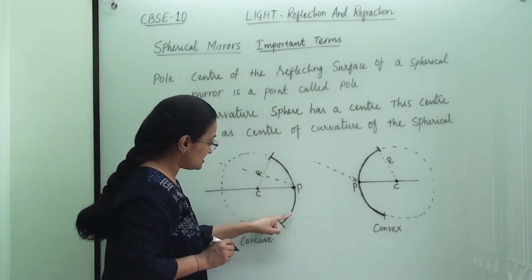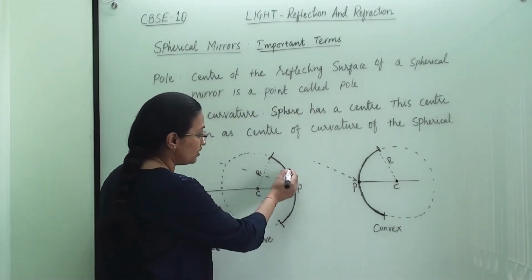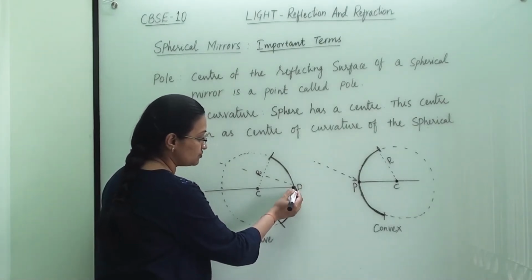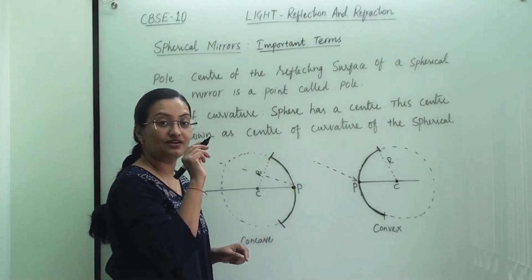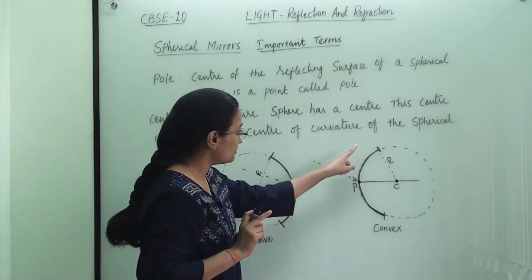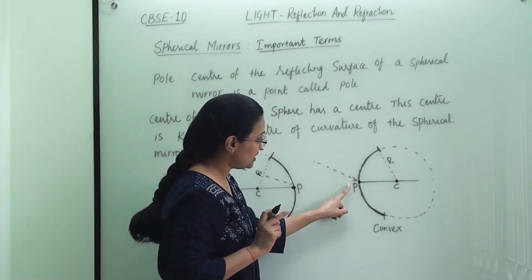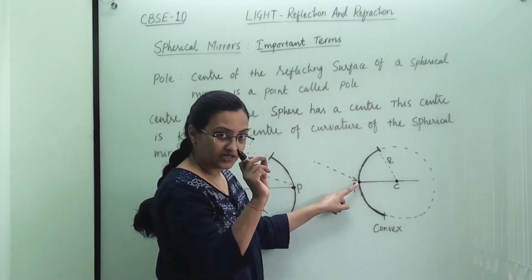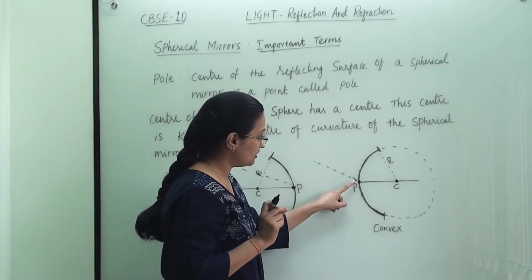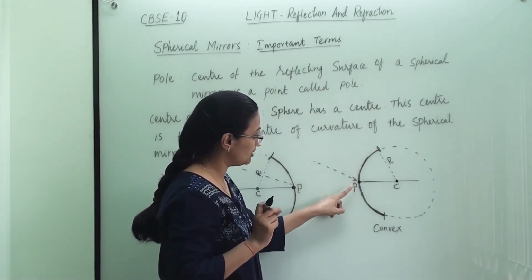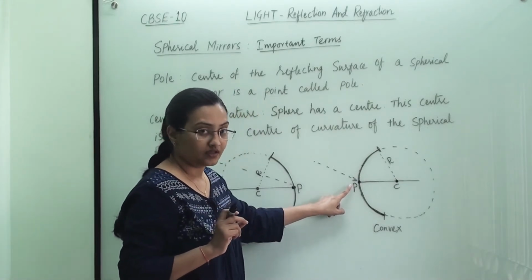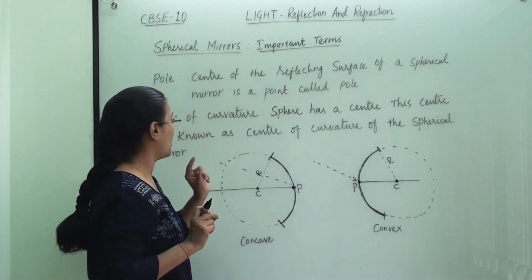So this is a surface and on that the center is there. That is known as the pole and we denote it with P. Here also the center of this spherical mirror is P, and it is a point lying on the spherical mirror.